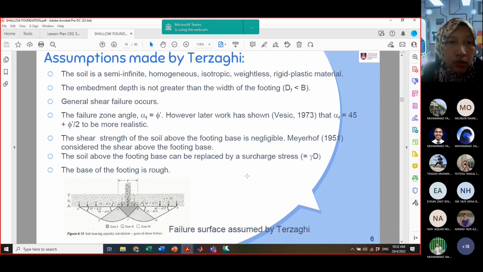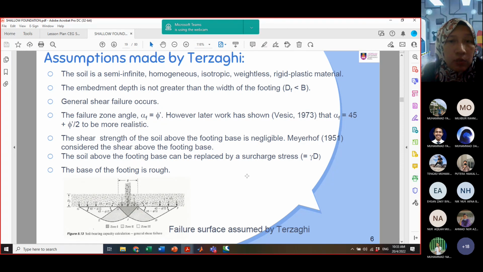Okay, the ultimate bearing capacity also satisfies the assumptions made by Terzaghi. Terzaghi is a very well-known researcher in soil mechanics. If you search for Terzaghi on Google, there is a lot of information that you can read.